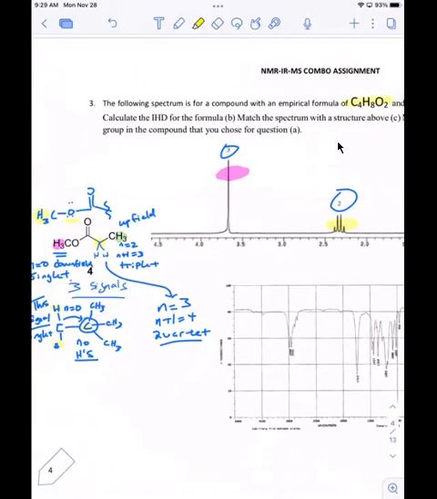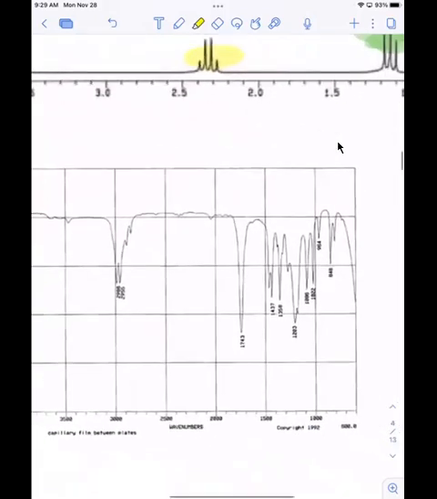That ester stretch is going to show up somewhere here. It's a very distinctive stretch, and it has a specific range. Can somebody tell me that?